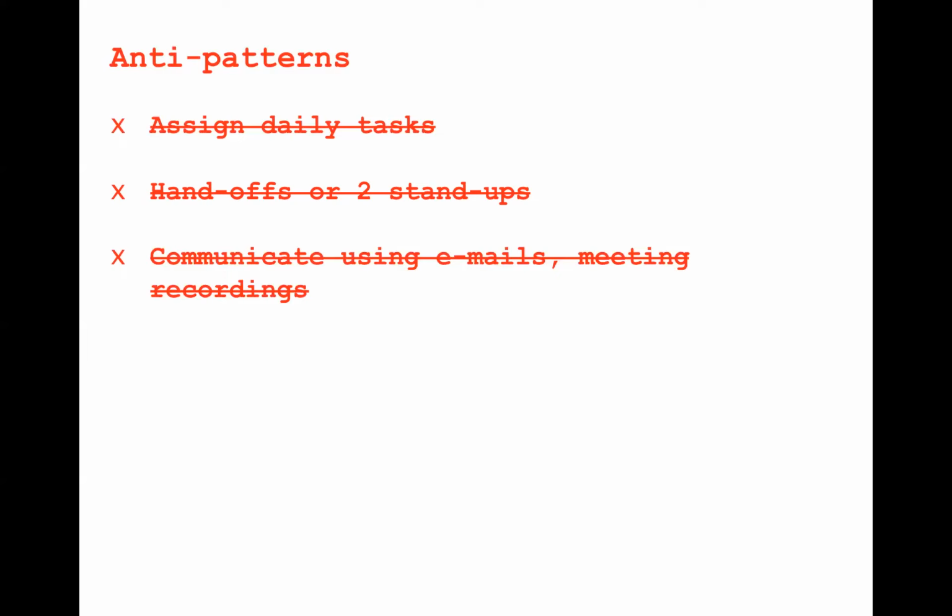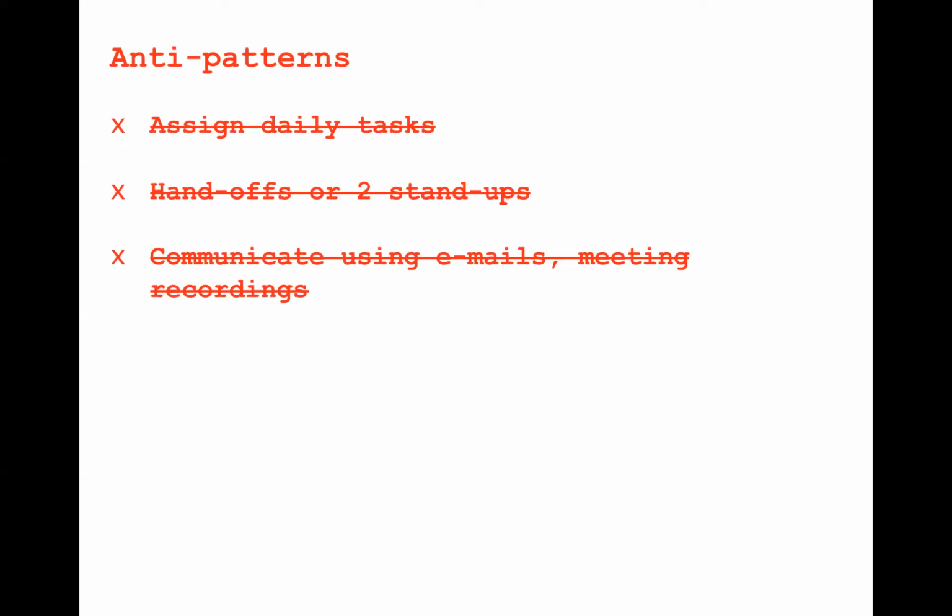Communication using emails or meeting recordings is also a bad idea. Emails, I say, are the new snail mail. Within the team, you should never be using emails, no matter whether you're located in the same city, in the same office, or in the same time zone. Do not use emails. They're just passive, a very non-interactive form of communication. Same thing with meeting recordings, right?